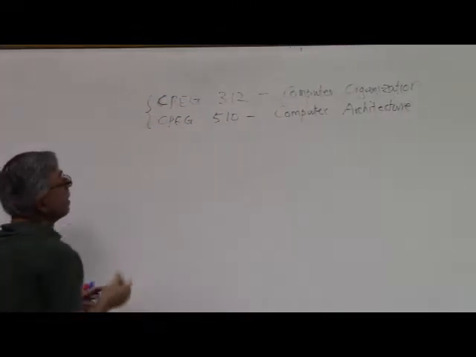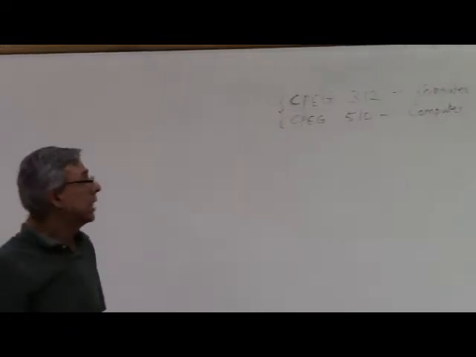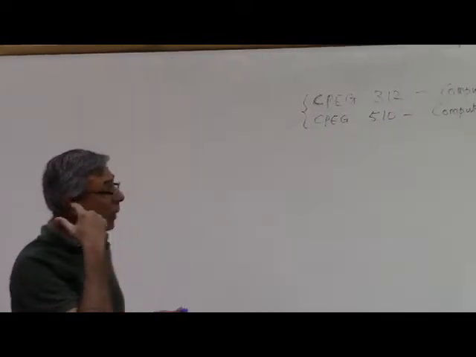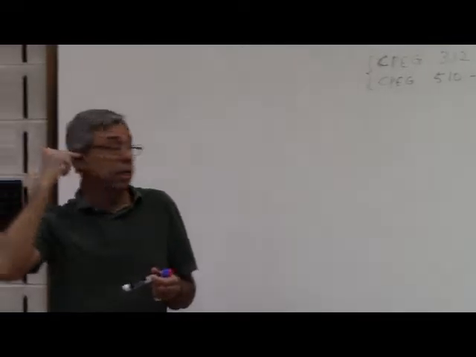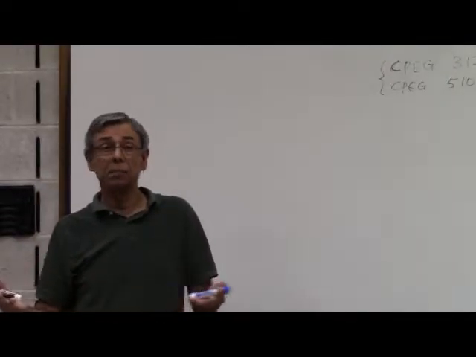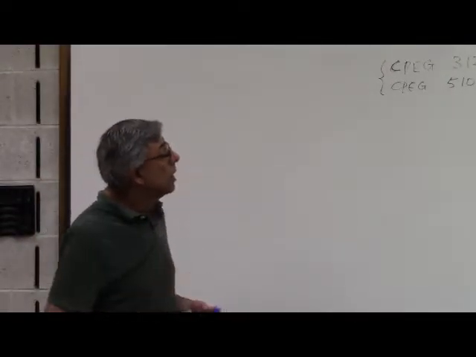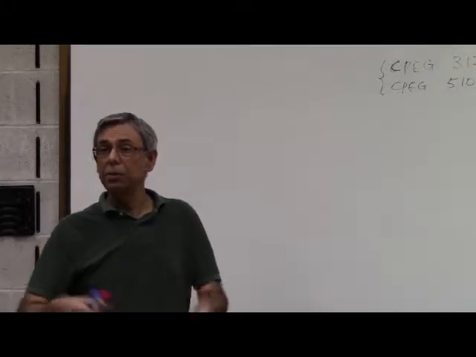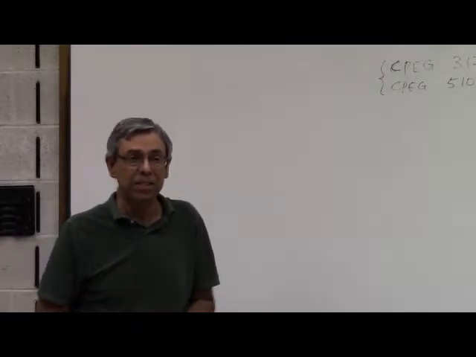So even though I'll be teaching it together, you will be graded differently. If you are an undergraduate student, you'll be compared with all the other undergraduate students. The graduate students will be compared with the graduate students, right?